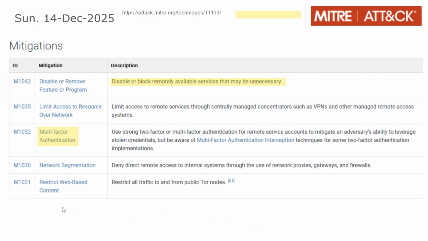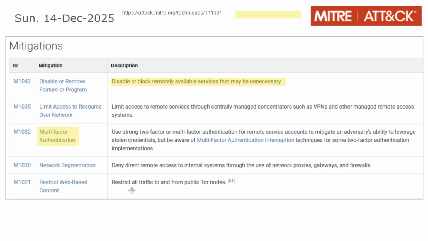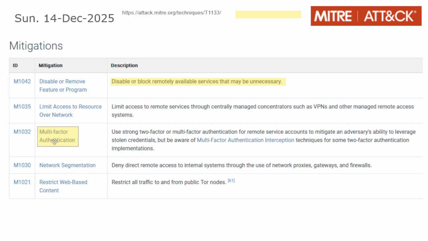Then restrict web-based content again. So restrict all traffic to and from public Tor nodes. That's the idea that I had before as well. So Tor traffic should always be suspicious. There is absolutely no reason for your company to interact with the Tor nodes at all. So if an interaction with a Tor node happens, immediately block that. That's suspicious.